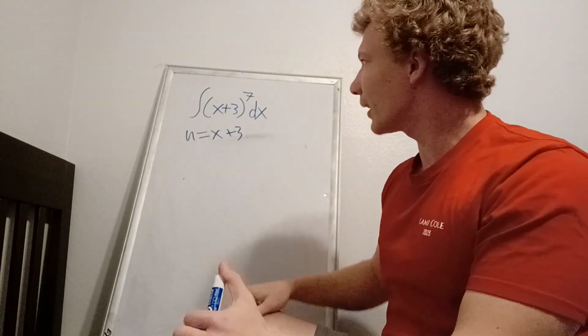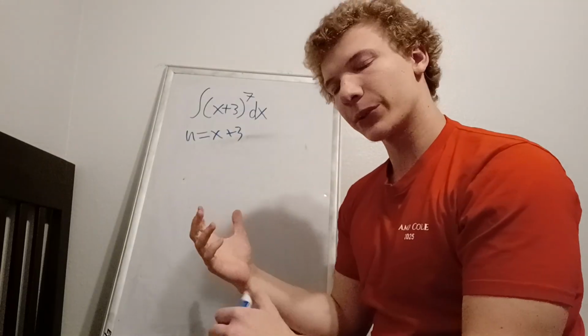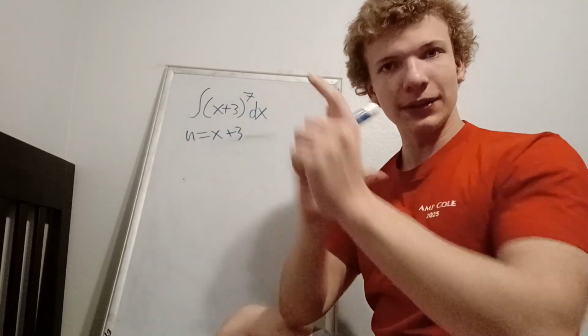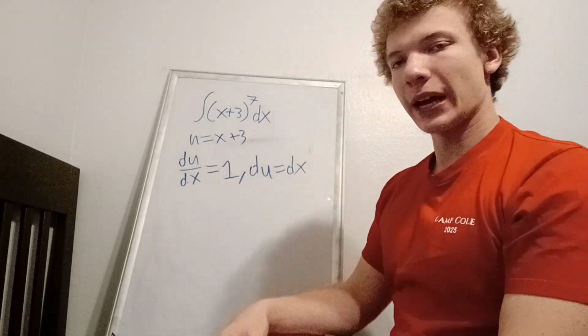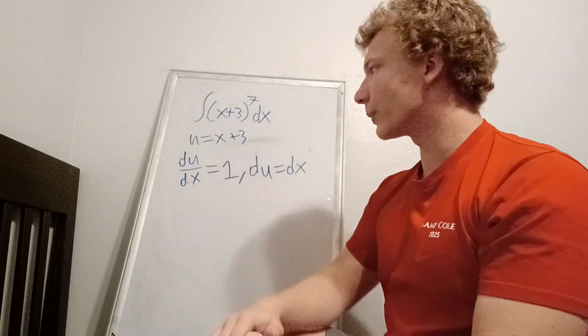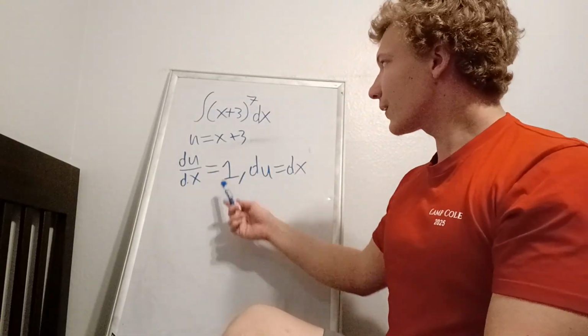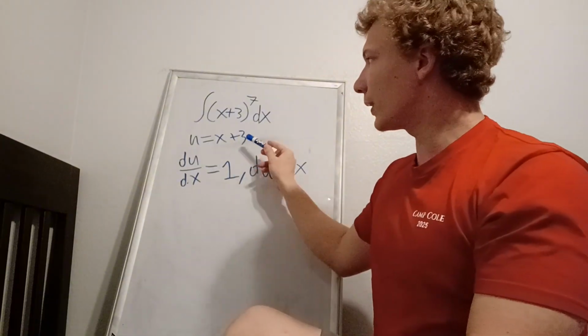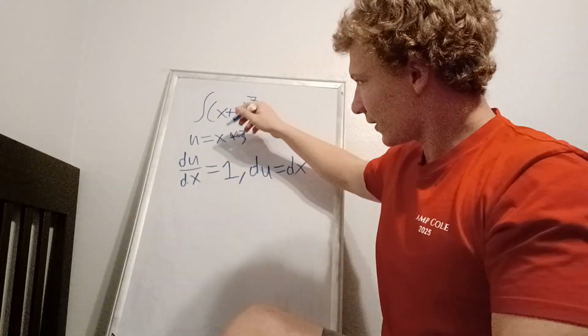It doesn't really matter, right? I mean, we're integrating with respect to x. Right now, we're in the x world. So let's bring the integral into the u world. To do this, we'll be using this relationship that we have here and take the derivative on both sides with respect to x. On the left side, we'll just get du dx, and on the right side, the derivative of 3 is just 0, so that goes away. And then the derivative of x is just 1.